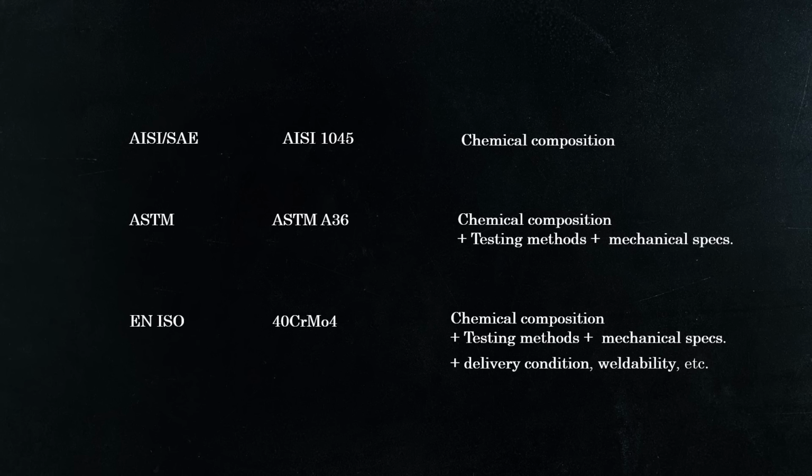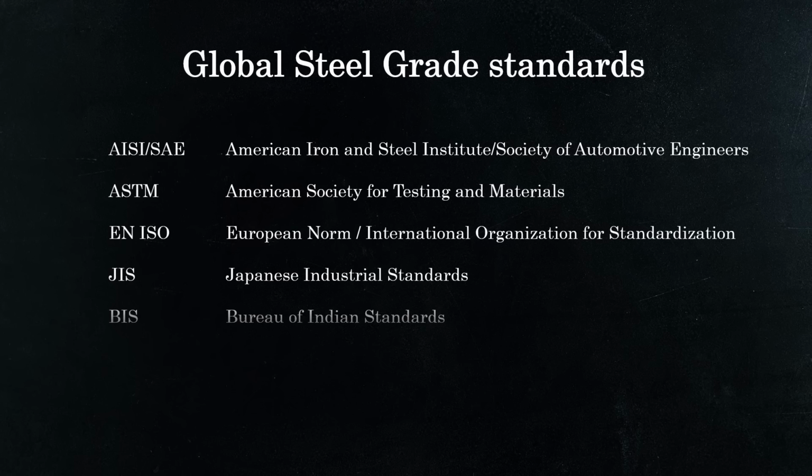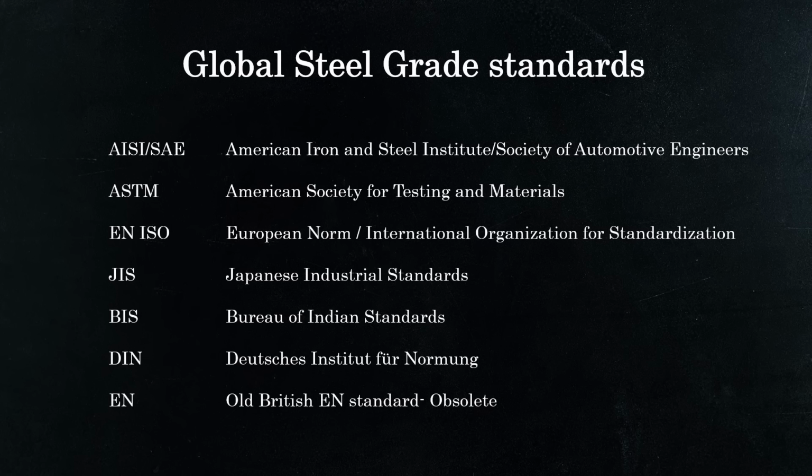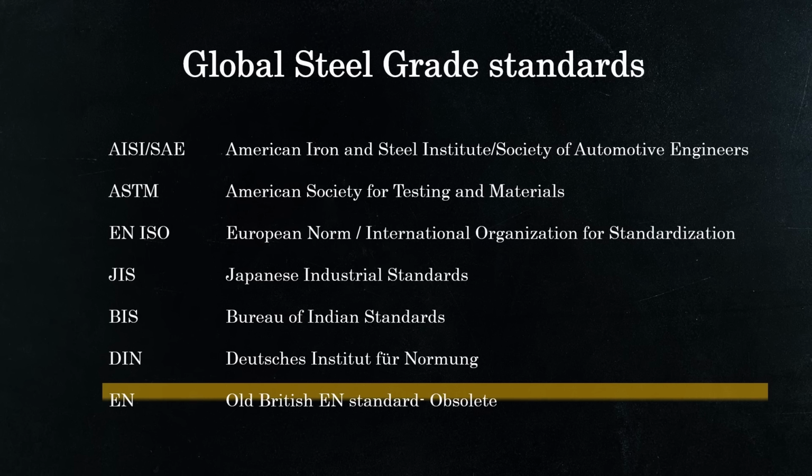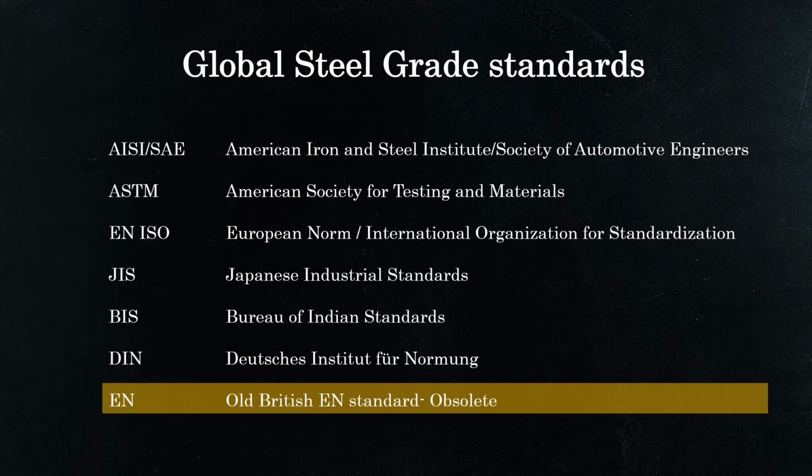So these standards do not just differ in naming, they also differ in their depth and level of detail. So in this section, let's look at all the major steel standards currently in use, along with the one that's now obsolete but still widely used in India, the old British EN standard.